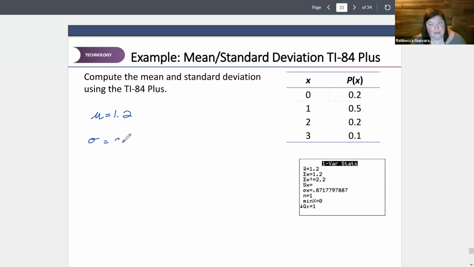If we square that, that's going to give us our variance, 0.87177. If you were struggling to get these in and they were not working, try to use as many numbers as possible. Try to use all the numbers in here before you square it to get that variance. If you're struggling with homework questions, maybe the problem is you just need to have more decimal places when you square. So there we go: mean, standard deviation, variance.